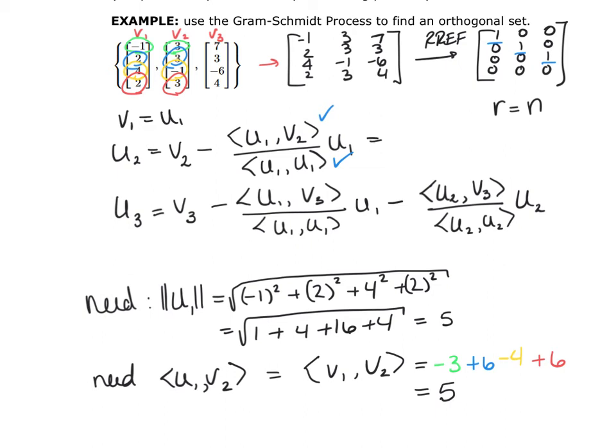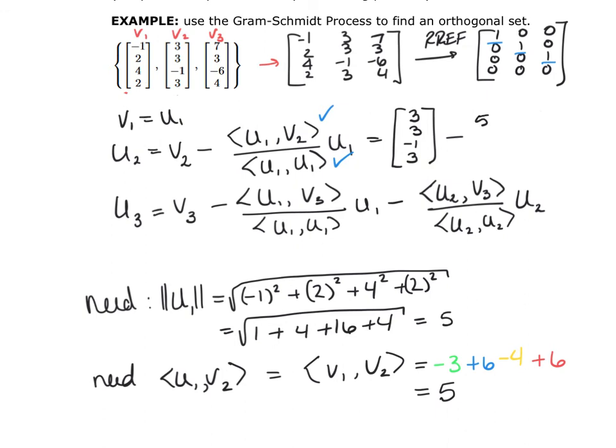This is going to be V2, which is the 3, the -1, and the 3. Let me erase this so you can see where the numbers are coming from. Then it's going to be minus my U1 with the inner product of V2, which is 5.